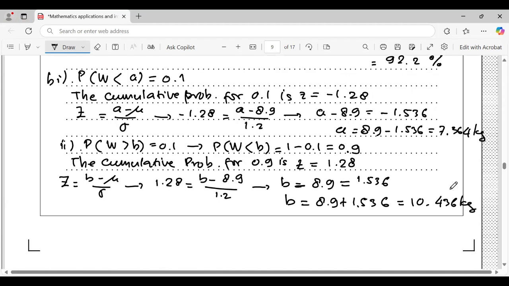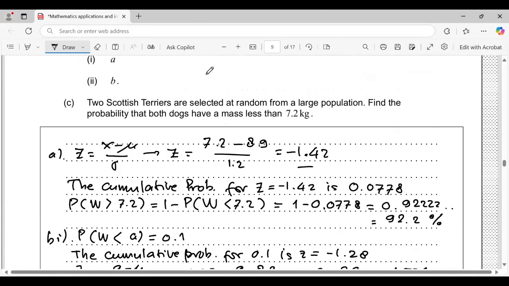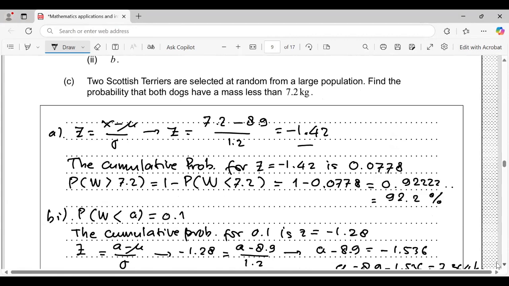And next, C. Two Scottish Terriers are selected at random from a large population. Find the probability that both dogs have a mass less than 7.2 kg.